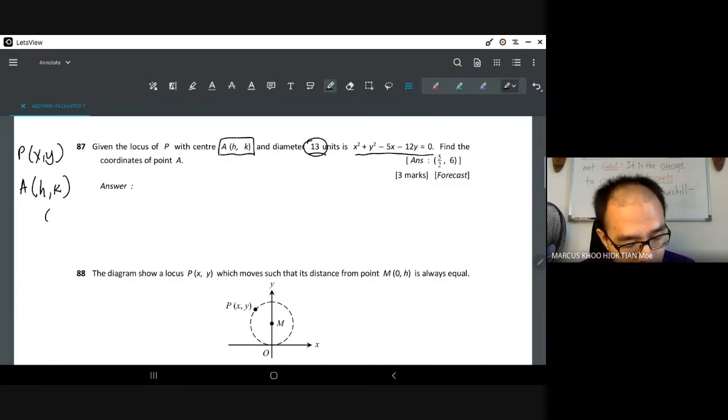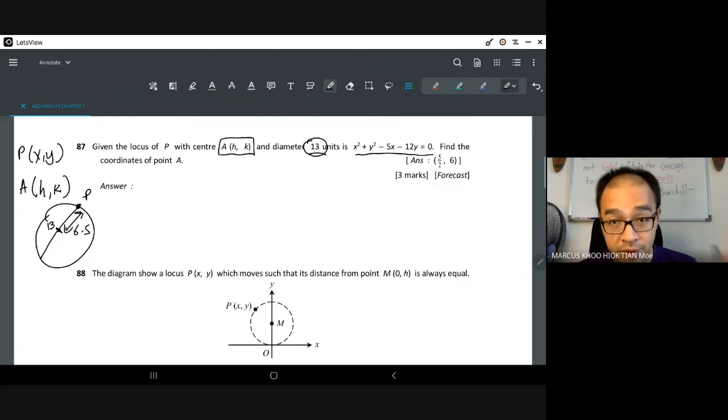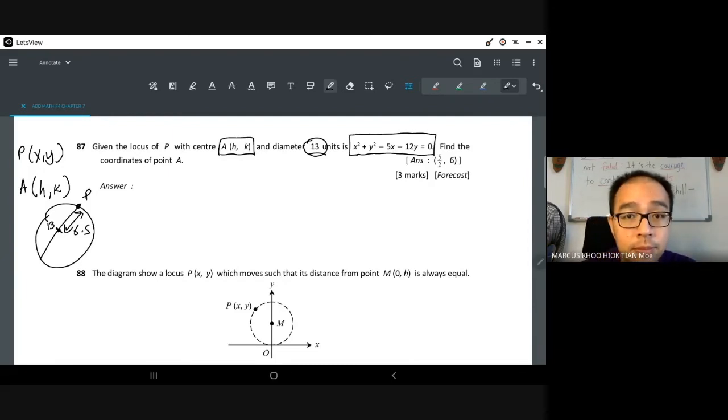Remember this, circle diameter is 13, but I know that if the whole thing is 13, the center until the locus is 6.5. Divide by 2 lah. 13 divided by 2 is 6.5. So let's put it in, and then they say everything is equals to this one. x squared plus y squared minus 5x minus 12y equals 0.